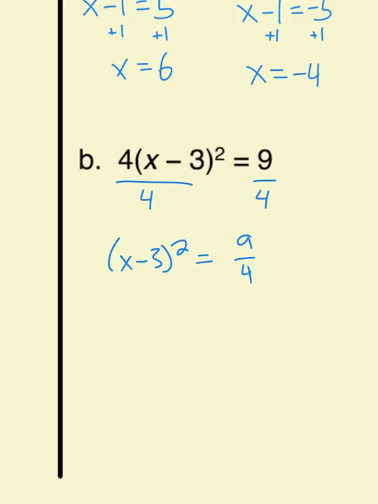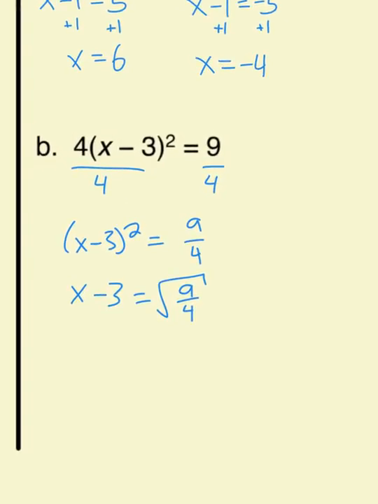Now it's the grouping symbol with the exponent, so now I can get rid of the exponent. I'm going to have x minus 3 over here. And the square root of 9 over 4, if you remember our 9-1 notes, can't leave that square root with a fraction in it, so we're going to simplify that to square root of 9 over square root of 4.